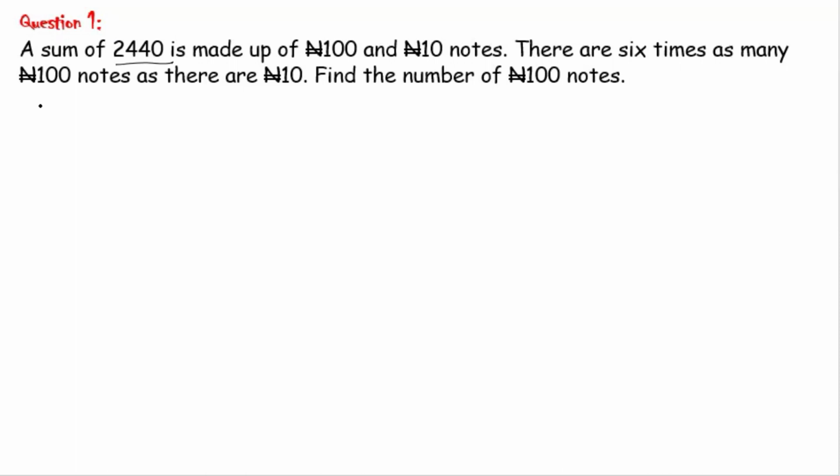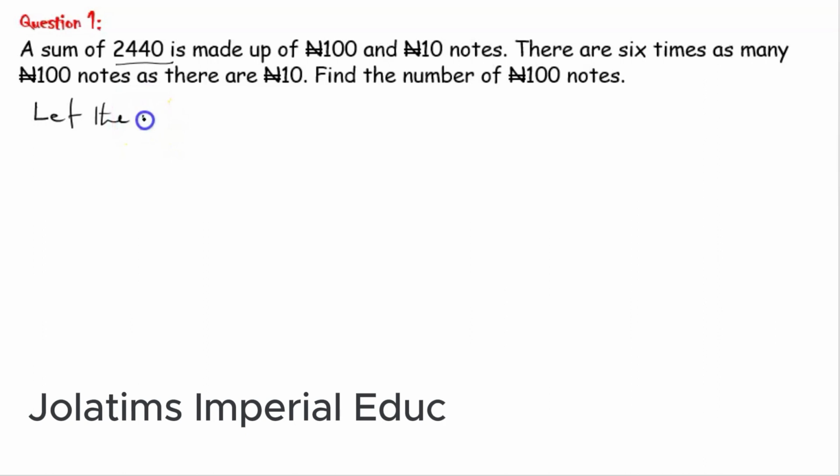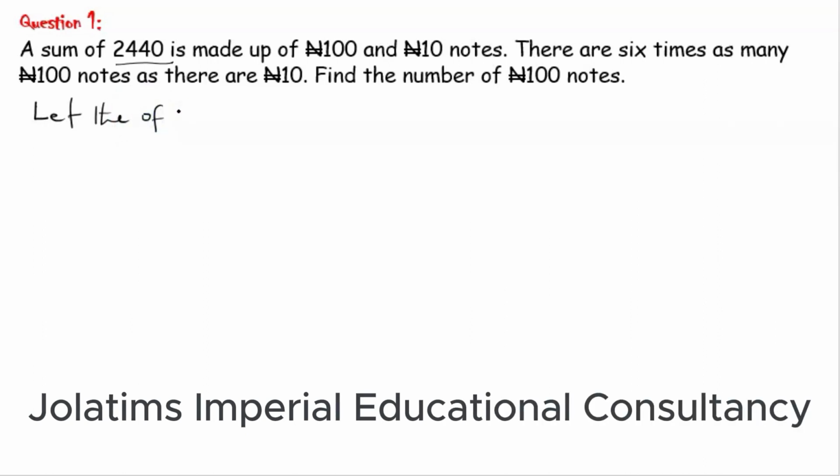So what I'm going to do in the first instance is to say, let the number of the notes, because we have 2 of them, let the number of the notes be X. In this case we have 10 naira notes, and also we have 100 naira notes.